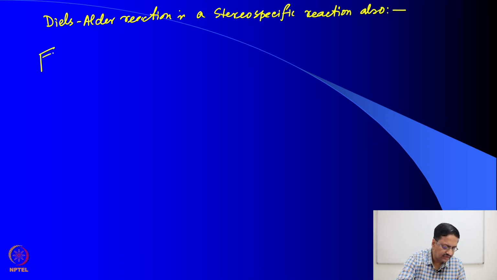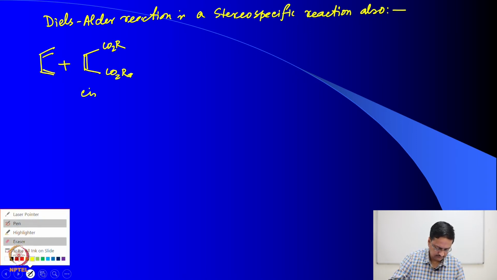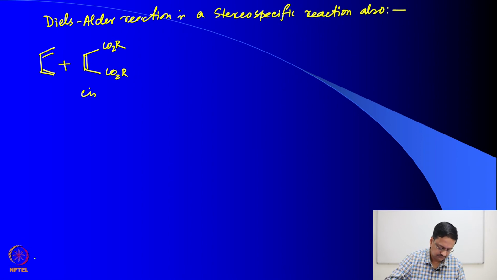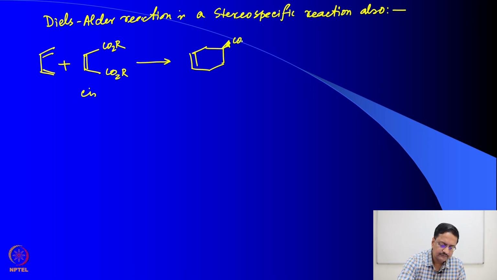Suppose we have a diene reacting with a cis dienophile, the product that forms maintains the cis geometry in the product.